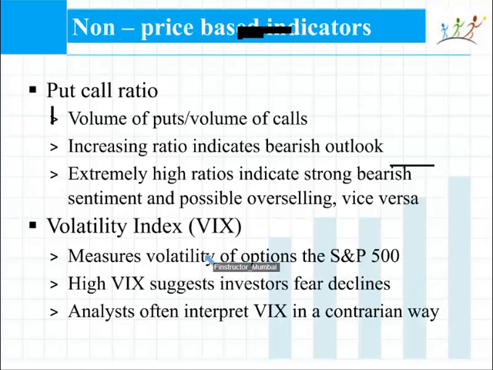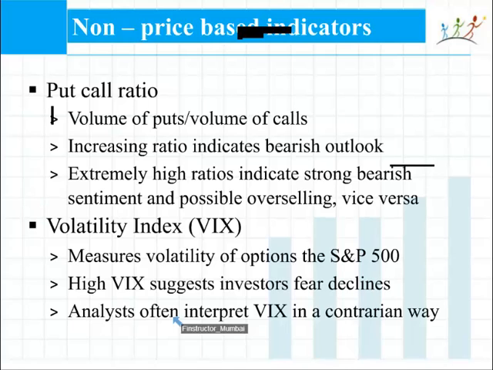So high volatility suggests that investors fear decline, and low implied volatility of the market suggests that investors are confident, or investors expect up movements. Again, analysts can interpret them in a trend or take a contra view.